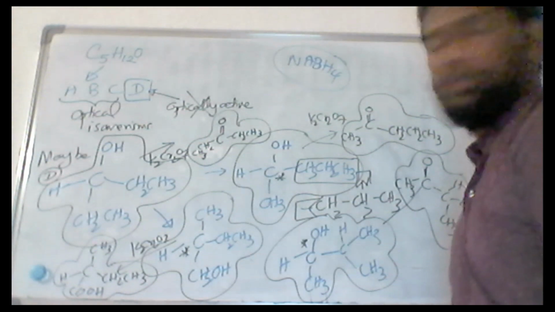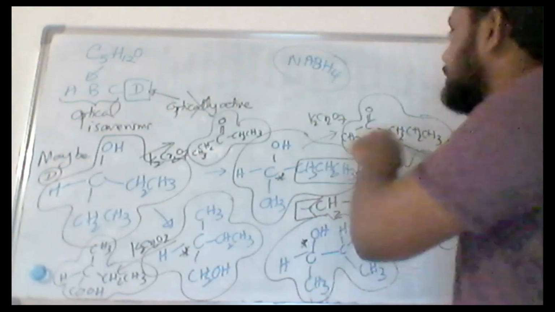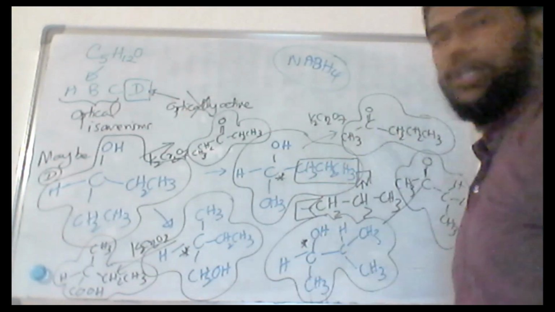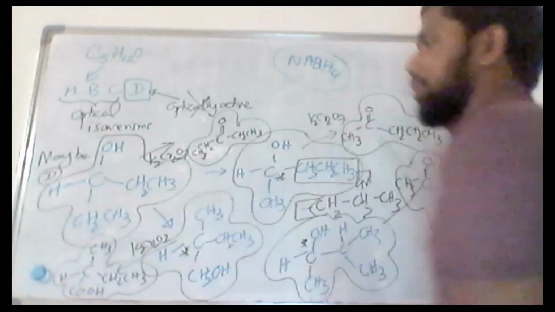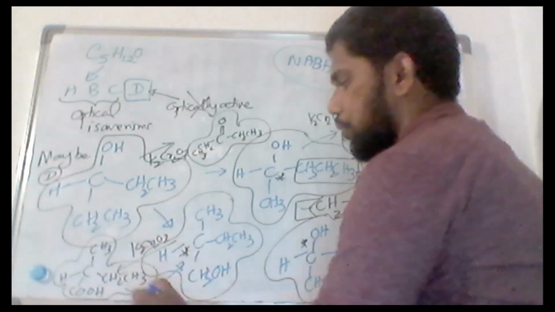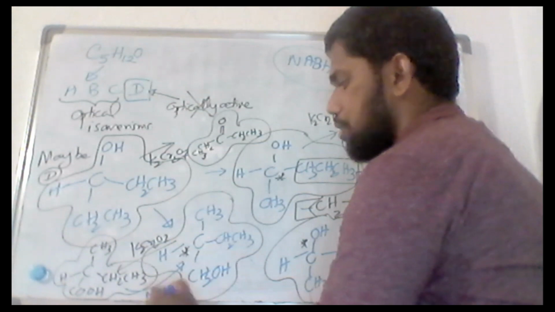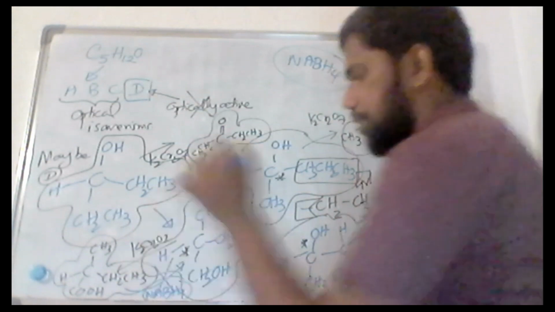Except only one in this entire set of structures, because this can be done using NaBH4 because this is a ketone. This is also possible, this is also possible, but this conversion from carboxylic acid to the relevant same primary alcohol using NaBH4 is not possible.